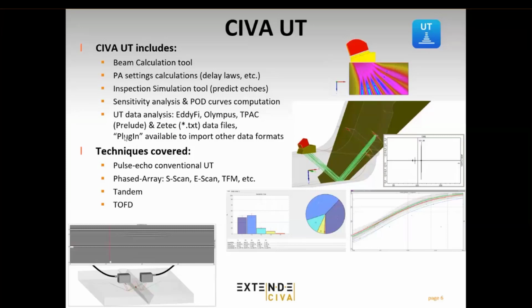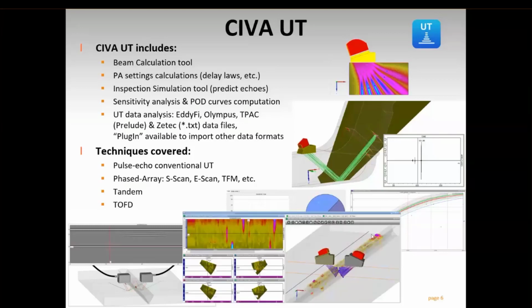Thanks to a plugin distributed with CIVA, it is also possible to create other possibilities to import other data formats. And you can use the 3D viewer and all the tools of CIVA to process your data.